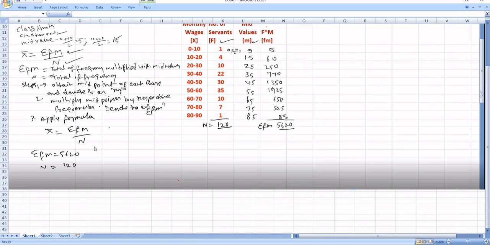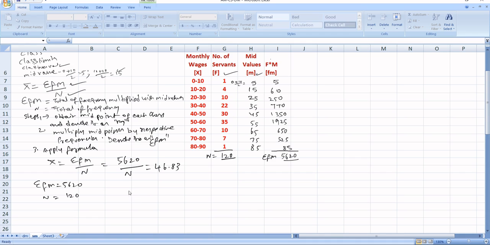So when you apply the formula, summation fm divided by n, which is 120. Number of frequencies 120. So that comes to 46.83. 46.83.